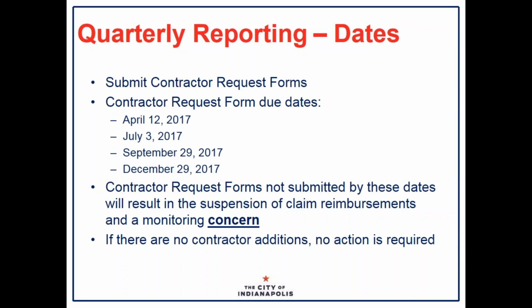The next ones are in July, September, and December. Contractor request forms not submitted by these dates will result in the suspension of claim reimbursements and a monitoring concern. If there are no contractor additions, no action is required. So if you're only working with contractors that are already on the quarterly report form, no action is needed at this time.